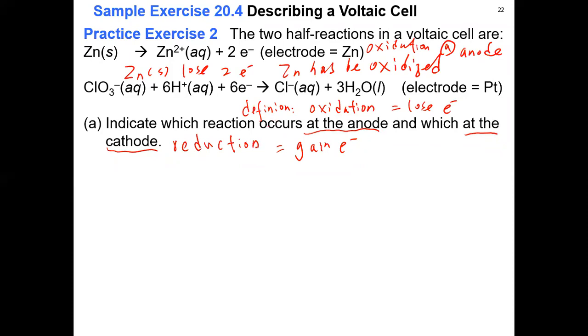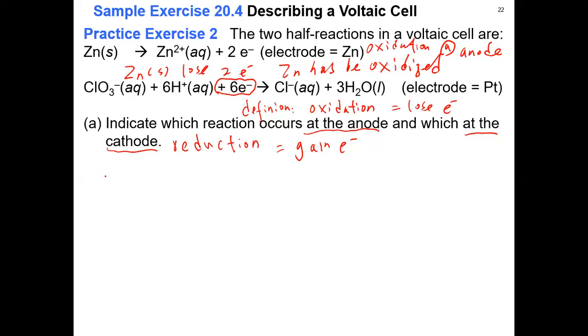All right, then we can look at the second half reaction. One easy way to see this is the reduction is that the electrons, plus 6 electrons, are on the reactant side. In a reduction reaction, the electron is a reactant. In this example, to see in detail who has been reduced, you can use oxidation number.